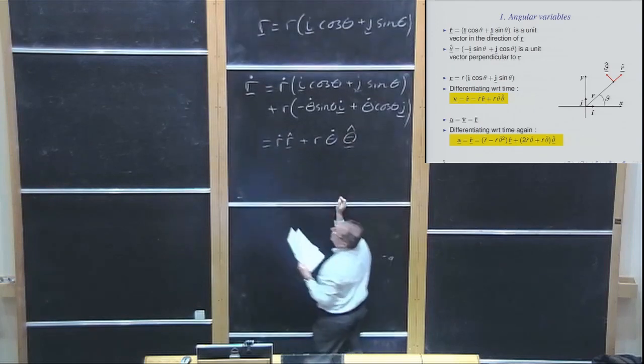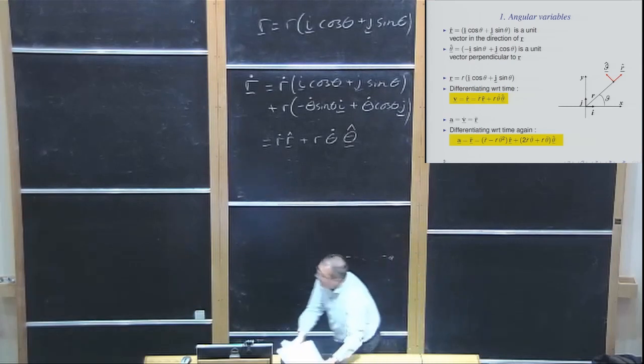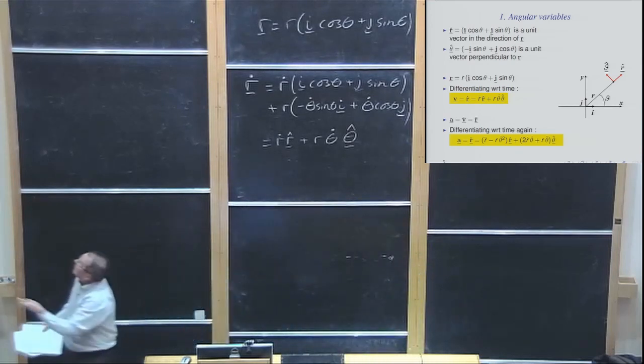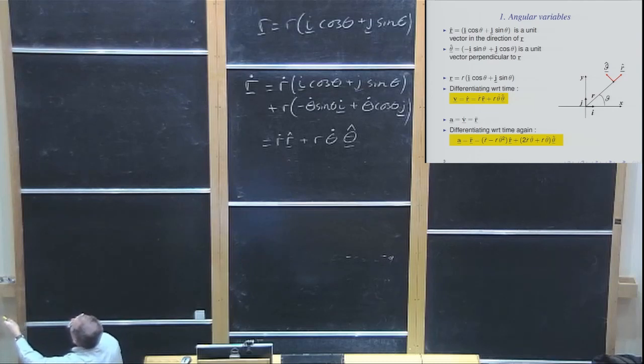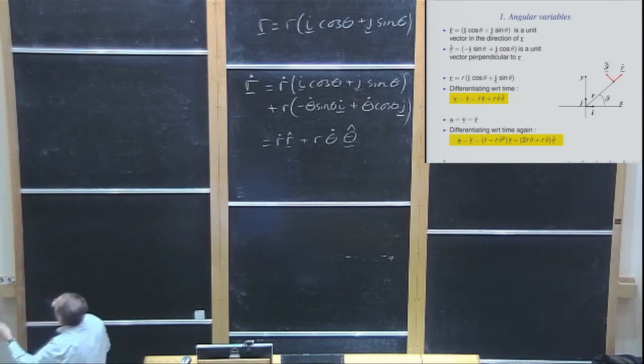Okay, so that is a reminder of where this velocity vector comes from when written in plane polars. And you can differentiate it again, so it expands once more, and then you get an expression for the acceleration, which you can write in these terms. Okay.